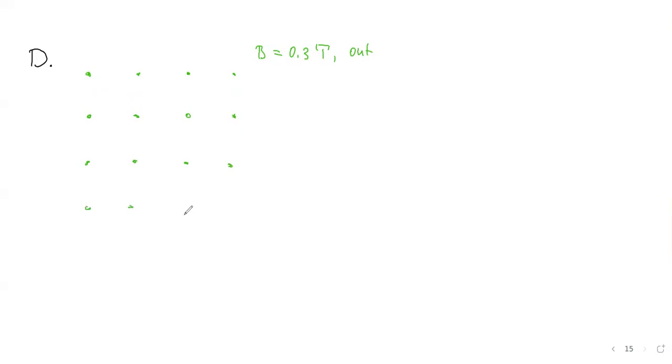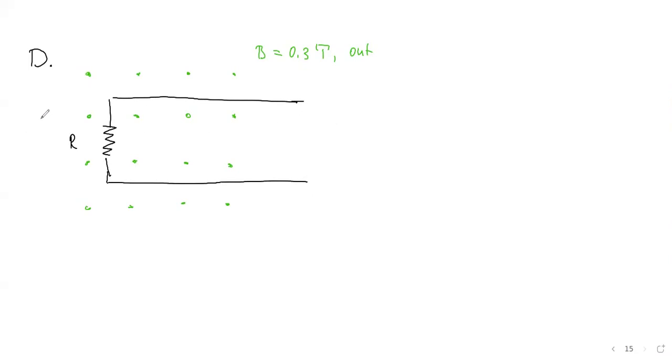And now the loop. The loop will be strange. You would have a piece of resistance here. Resistance. And you will have tracks, very long tracks. The distance between tracks is given.